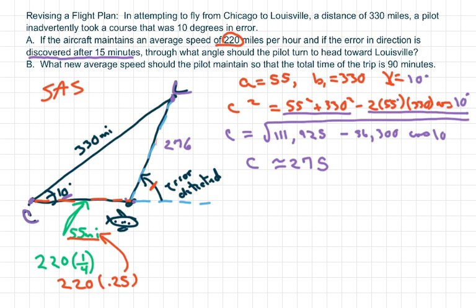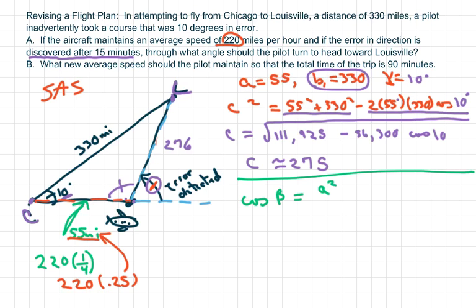So we have all the sides covered, and now I'm going to find this measure across from the 330 miles, so I can find this angle here. This is beta, because the side across from little b is beta. Cosine of beta equals a squared plus c squared minus b squared over 2ac.